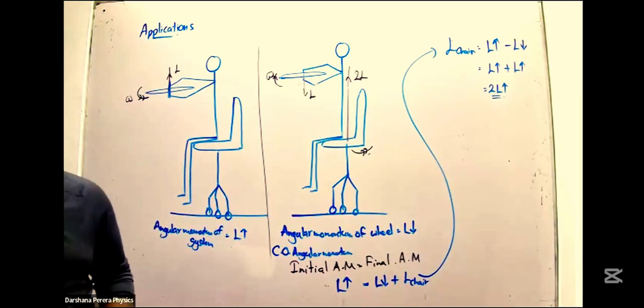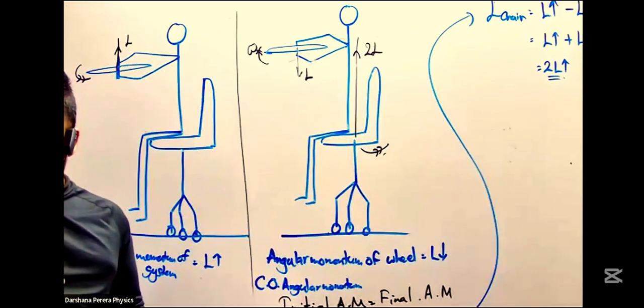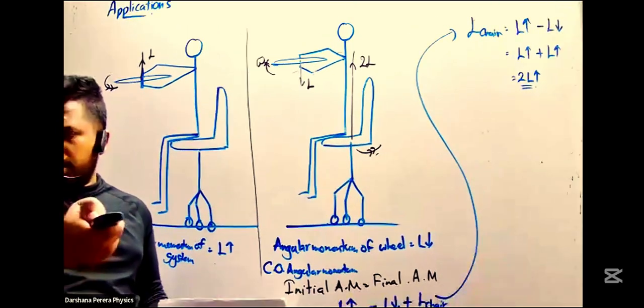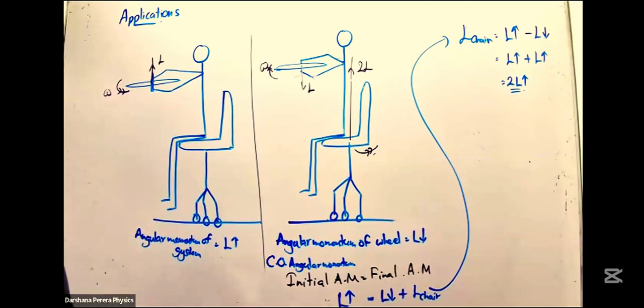Write this down, it's clear. I will give an example also. The chair has 2L in the upper direction.